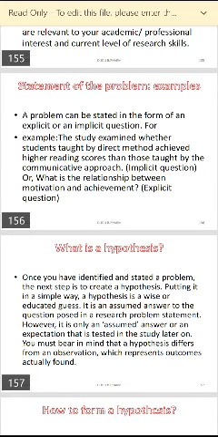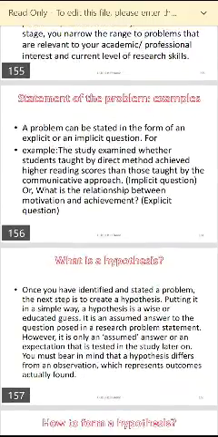Or, what is the relationship between motivation and achievement? This is an explicit question. So a problem statement may be implicit, which means it follows the example above, or explicit, following the example below.